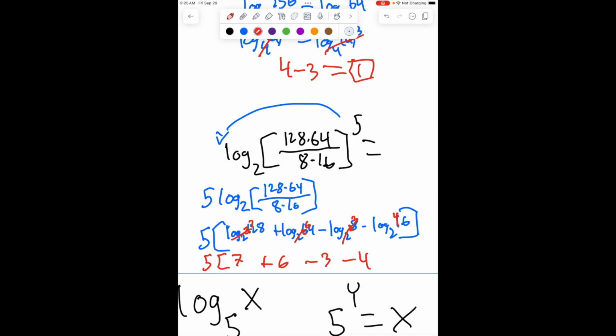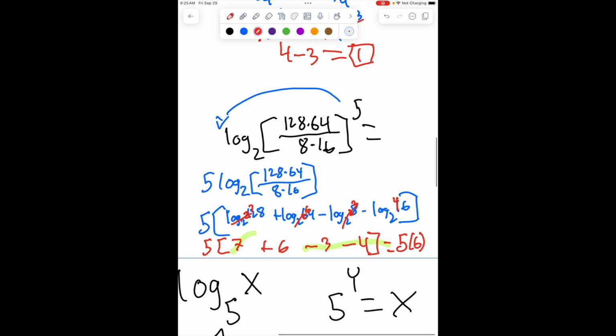So first thing I see is, hey, I've got positive 7, negative 7, that cancels out. So I just am left with 5 on the outside multiplied by 6 on the inside, which is going to give us an answer of 30.